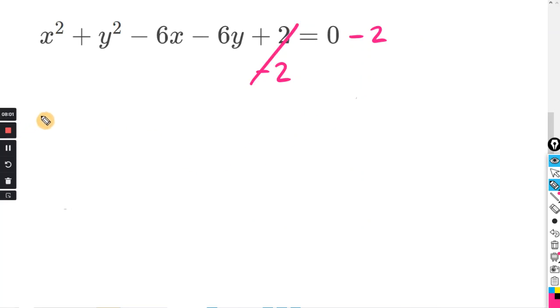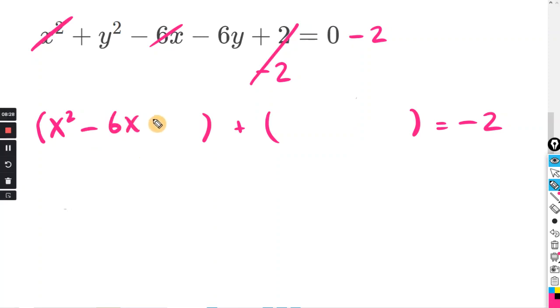We'll write that in a minute. Once again, you want to group the x's together, and you want to group the y's together, and that's going to equal negative 2. Now, when you group the x's, put the largest exponents first. So x squared is first. Negative 6x is second.